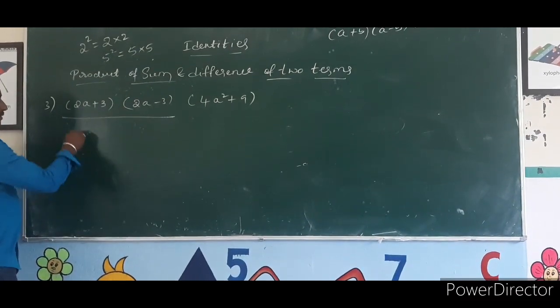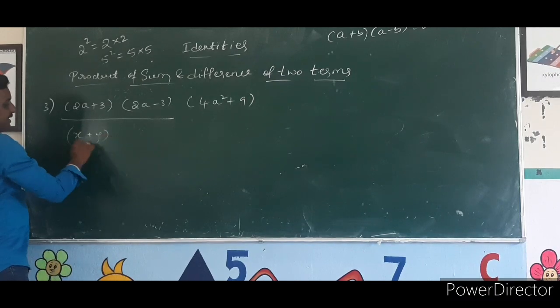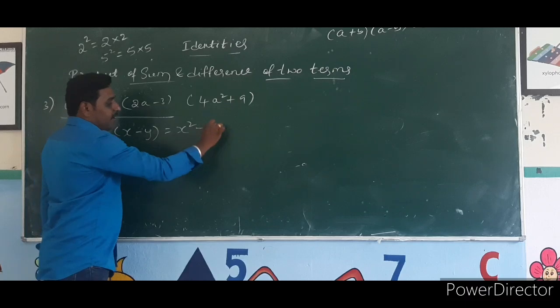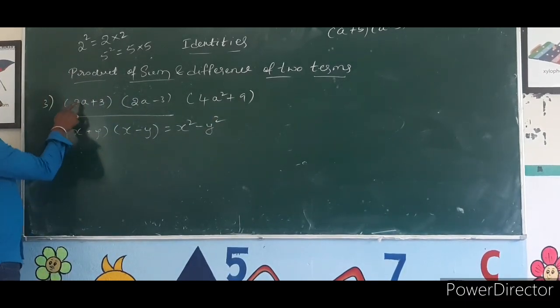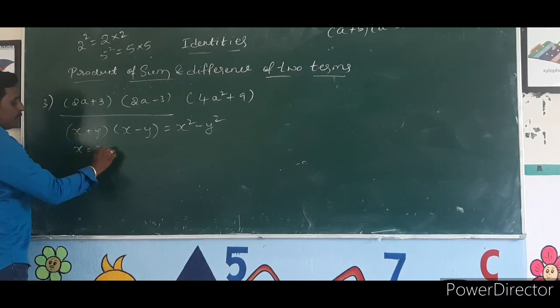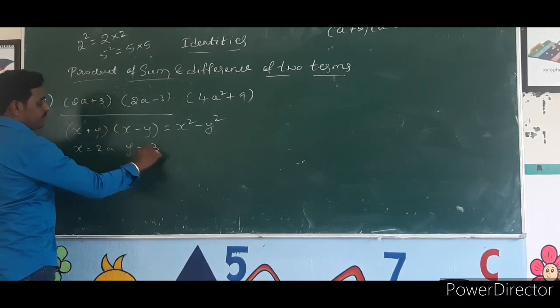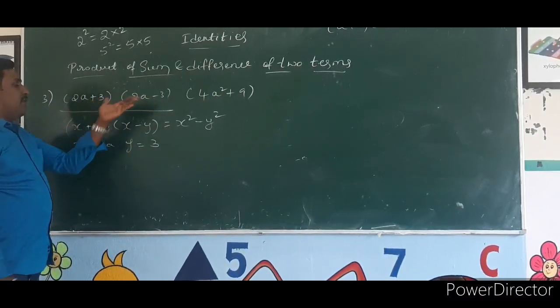So for this multiplication, you can use the direct formula, (x + y)(x − y) = x² − y². In the place of x, 2a is there. In the place of y, 3 is there.